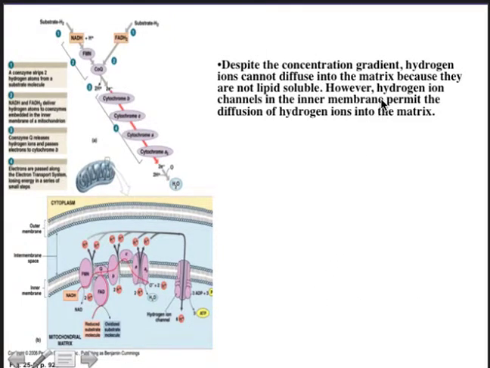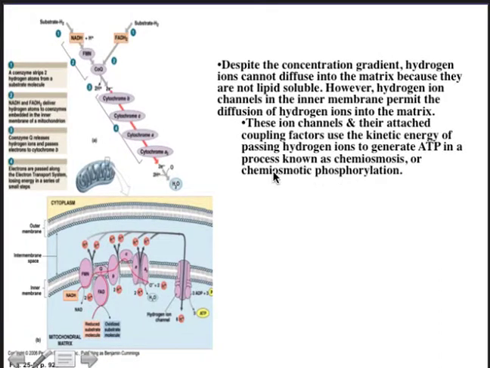Despite the concentration gradient, hydrogen ions can't diffuse into the matrix because they're not lipid soluble. They're charged molecules. However, hydrogen ion channels in the inner membrane permit the diffusion of hydrogen ions into the matrix. That's this channel right here. Okay? These ion channels and their attached coupling factors use the kinetic energy of passing hydrogen ions to generate ATP in a process known as chemiosmosis or chemiosmotic phosphorylation.